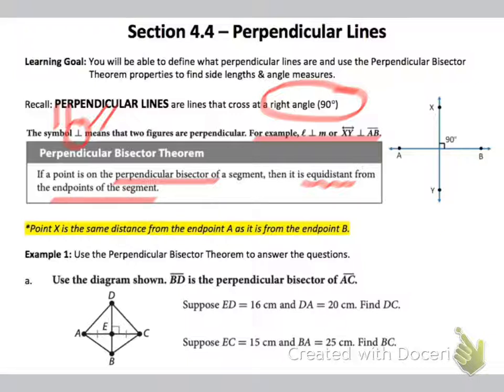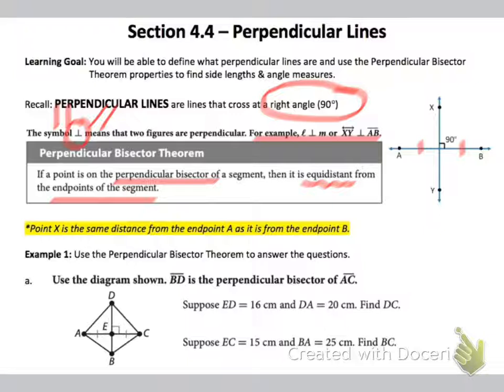Okay? So for instance, in this drawing over here, we are told that XY is perpendicular to AB. And if we knew that the segments on either side were equal, then if we picked a point on the perpendicular bisector, say this point X, we would know that the distance to the endpoints of the segment would have to be the same length. So any point on the line, those distances would be equal.